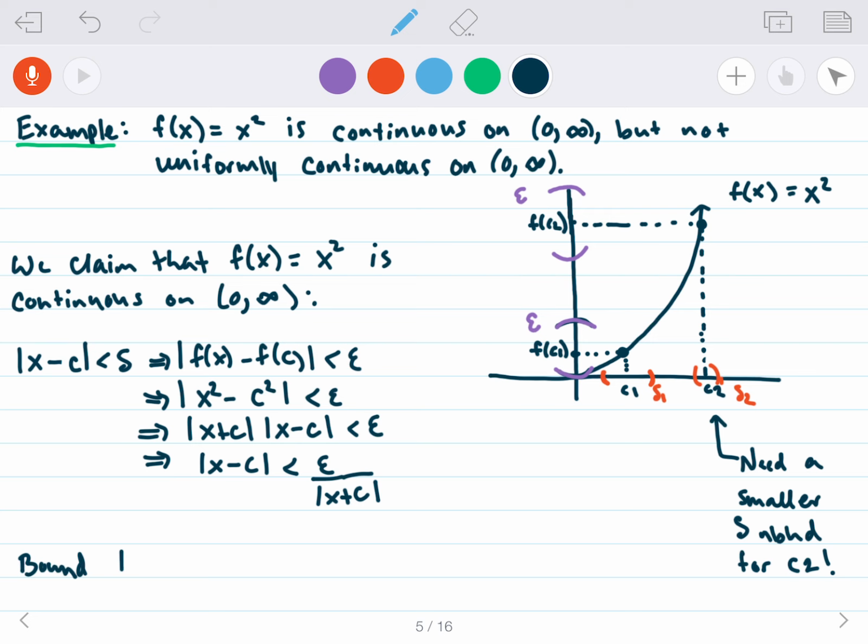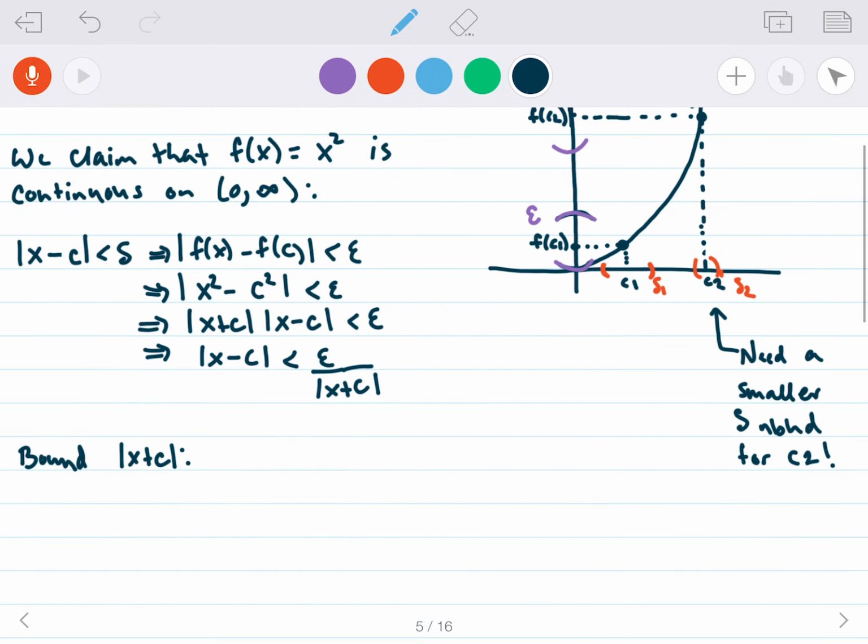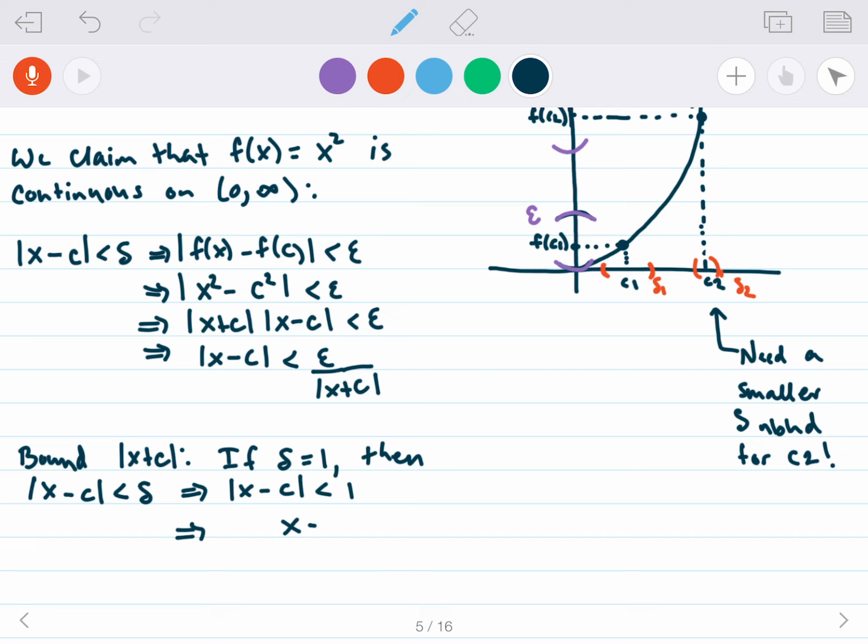And the easiest way to do this is to just choose a delta. I usually pick delta equals 1 unless it gives me a problem. So if delta is equal to 1, then what's going to happen? Well, absolute value of x minus c less than delta is going to imply that x minus c is less than 1. And this is going to imply that x minus c is between 1 and negative 1.